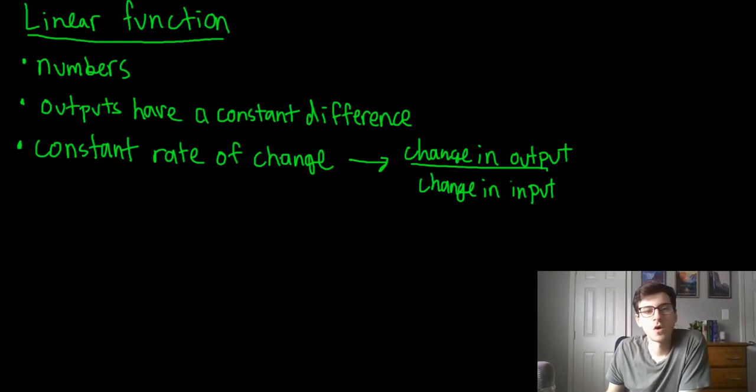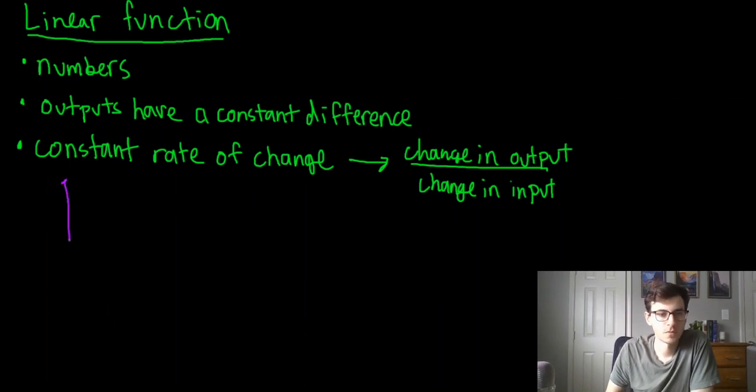Okay, so a linear function, if I have a table, let's create a table of values, x and y. So again, generally I say x is my input or my domain, y is my output or my range.